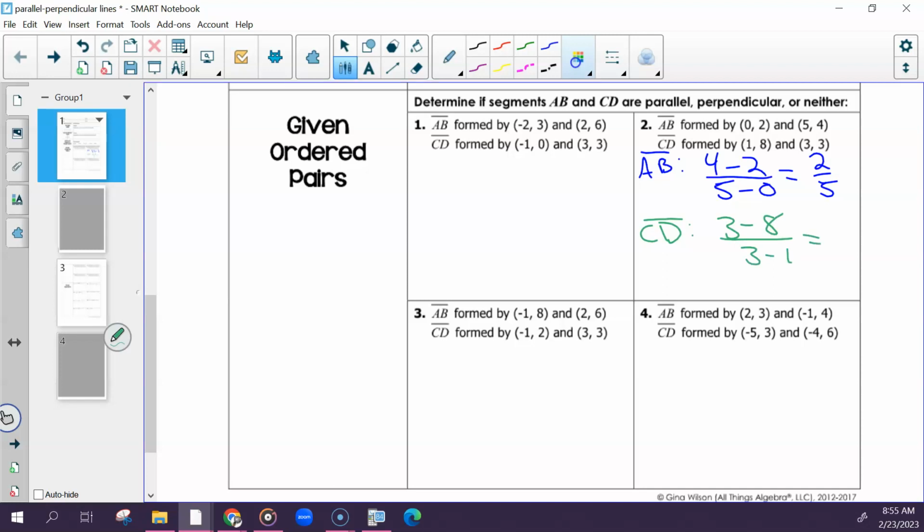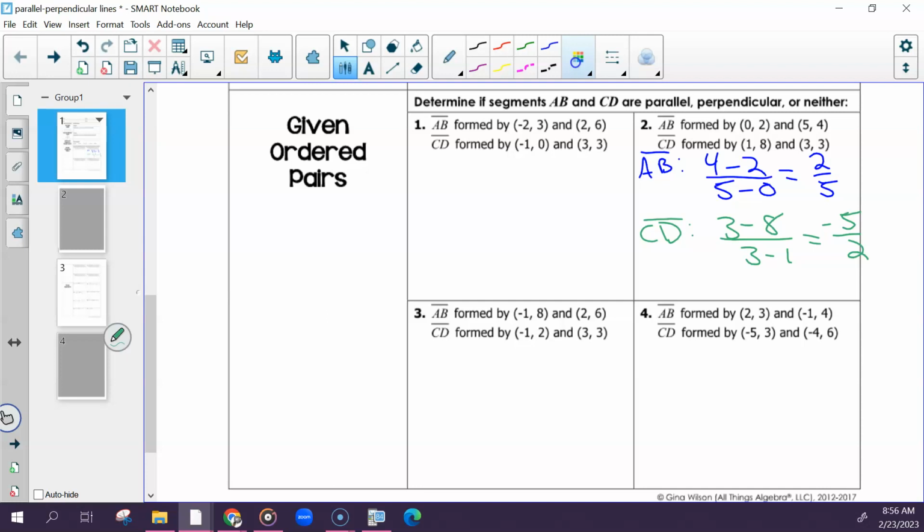What would that slope be? So think about your parallel perpendicular definitions.